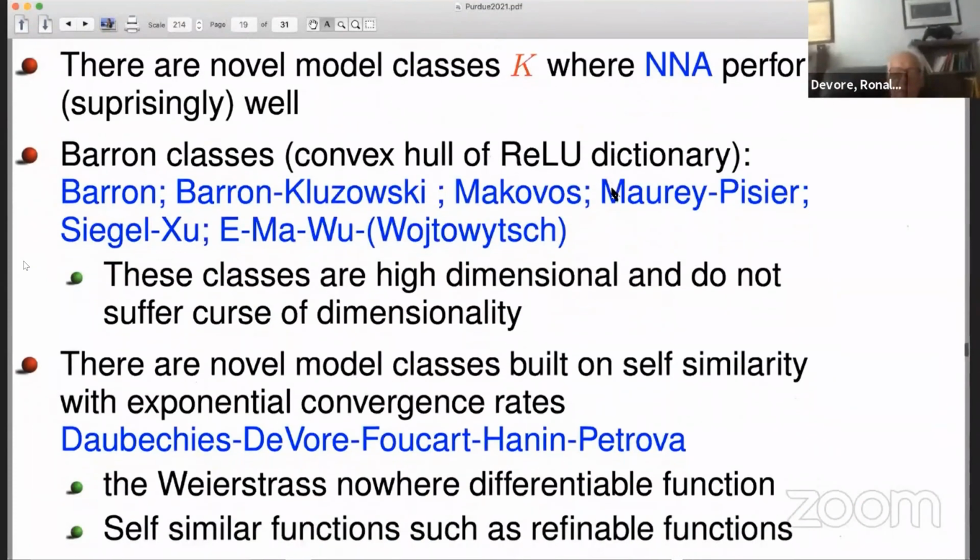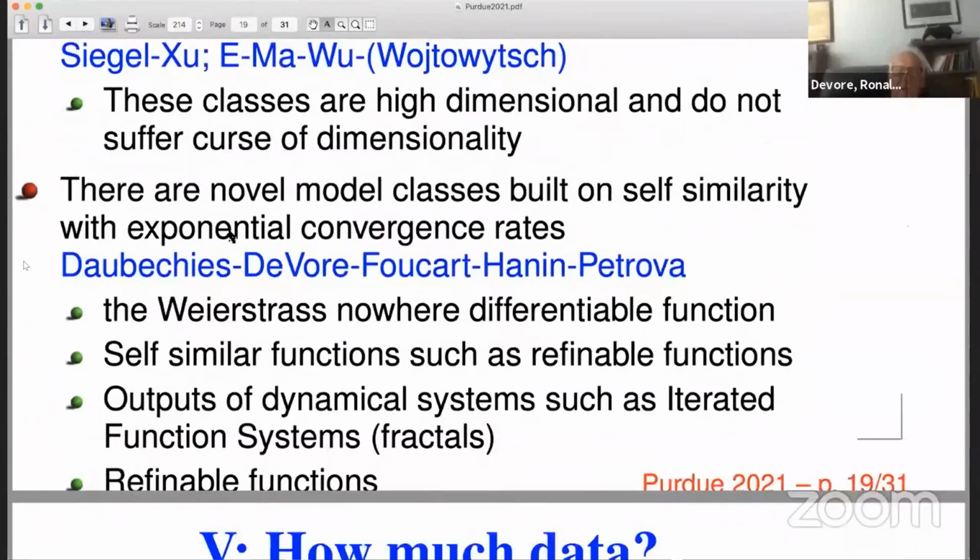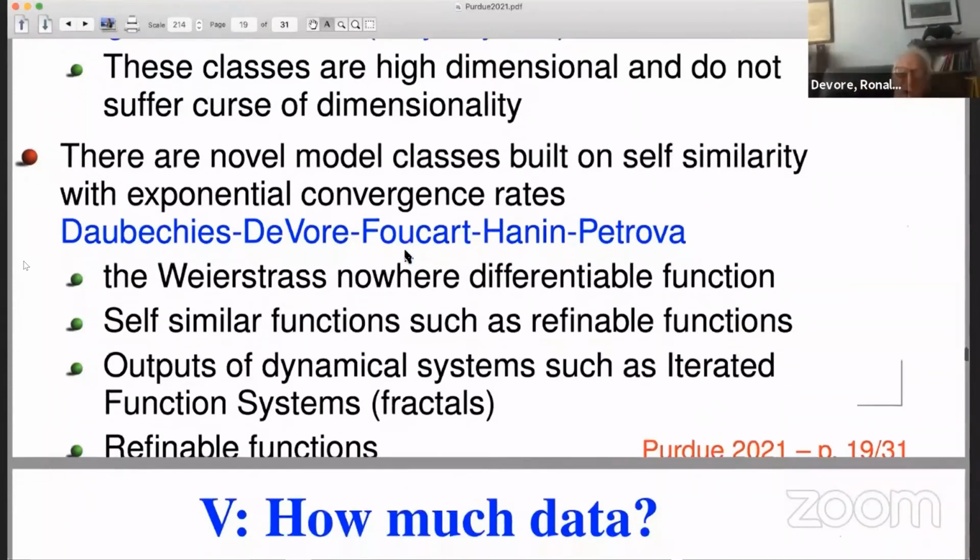But there are other ones built on the ideas of self-similarity, fractals, iterated function systems, and the like. And I feel that maybe these are the reason why neural nets are a good method to choose to build your numerical platform to do learning. They're very robust, and they cover a lot of model classes, not only the classical ones, but very different new model classes that might match the application you're interested in.